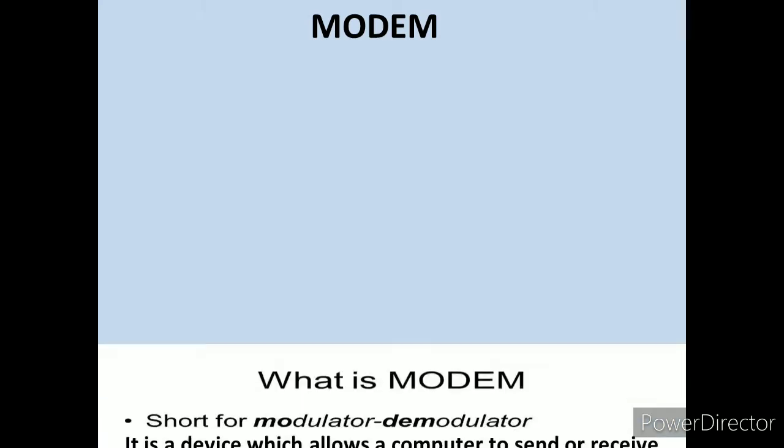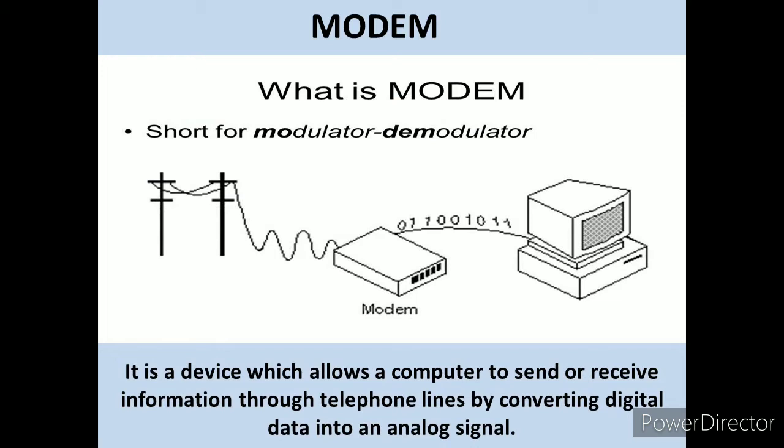The modulator first converts the digital information of the computer to analog form at the transmitting end, and the demodulator converts the analog signals back to digital at the receiving end. A modem is a device which allows a computer to send or receive information through telephone lines by converting digital data into analog signals and analog signals into digital signals.